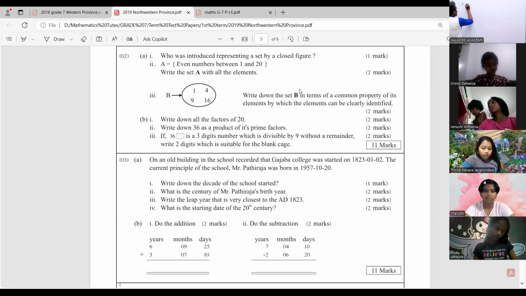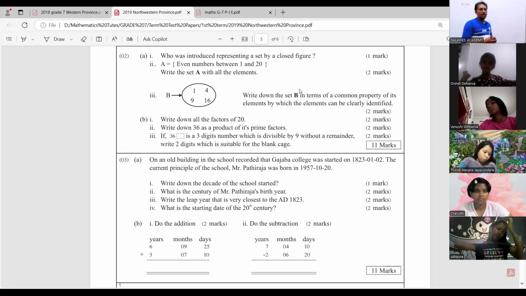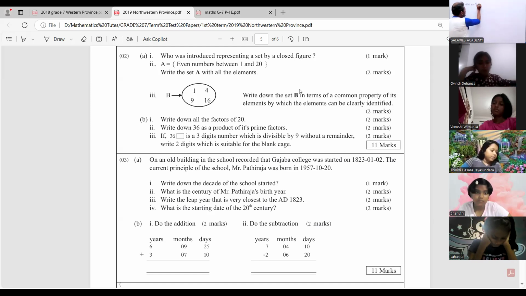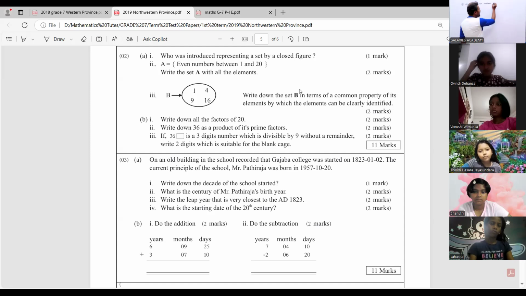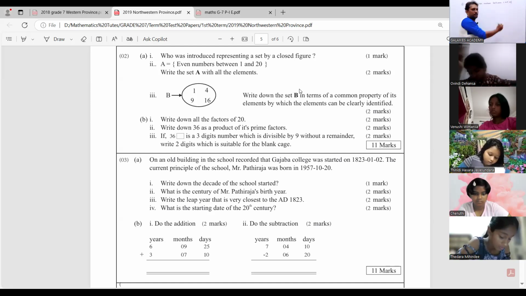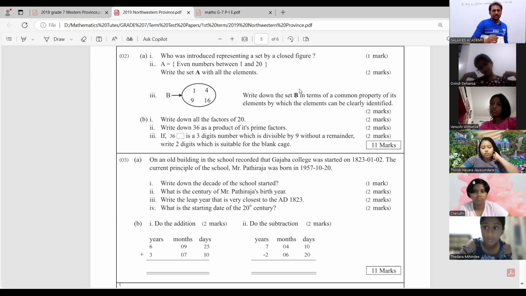Right. Number two, second question, part A, Roman numeral 2. Capital A equals even numbers between 1 and 20. Right? Then you have to write the set capital A with the elements.